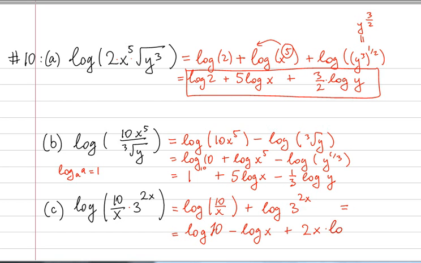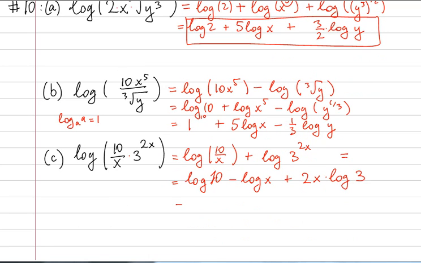So 2x times log of what's left inside is 3. So this is going to be log of 10 is 1 minus log x, and the last term is 2 log 3 times x. By convention, we write the constant in front of x's.